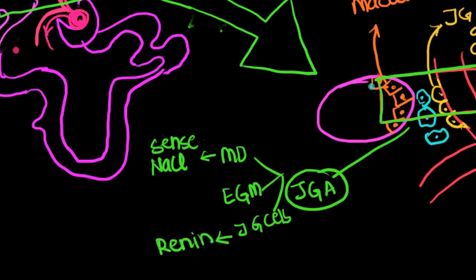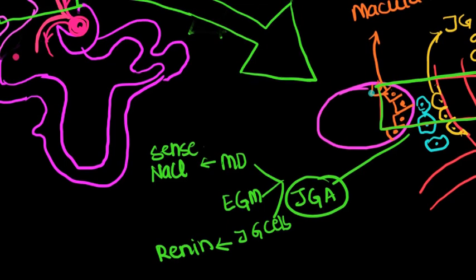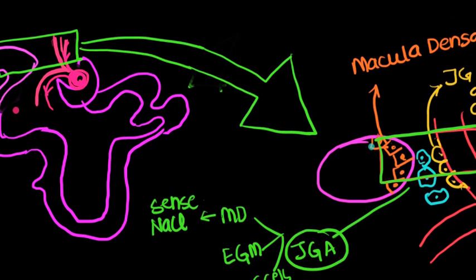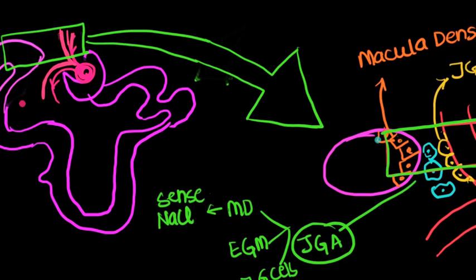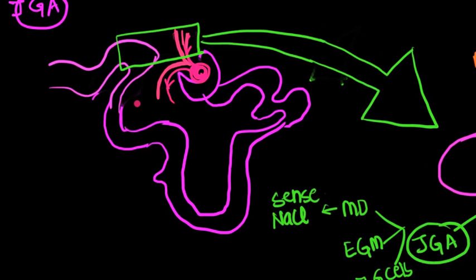Okay, so what does the tubuloglomerular feedback loop mean? The distal part of the nephron, which is your distal convoluted tubule, senses the filtered fluid based on its composition and content.